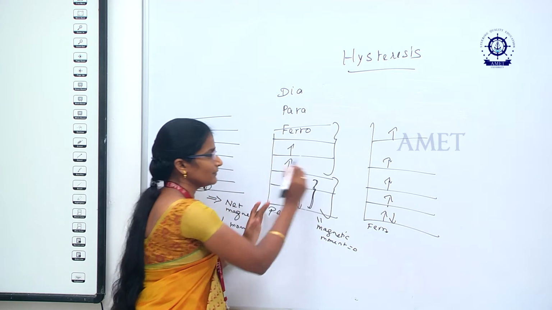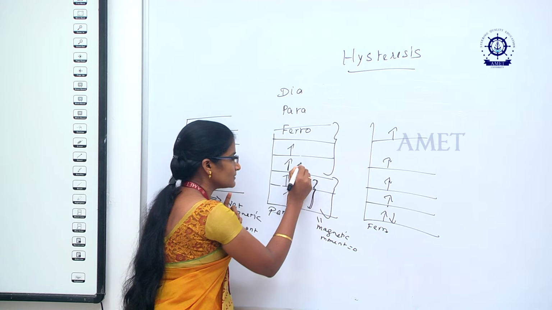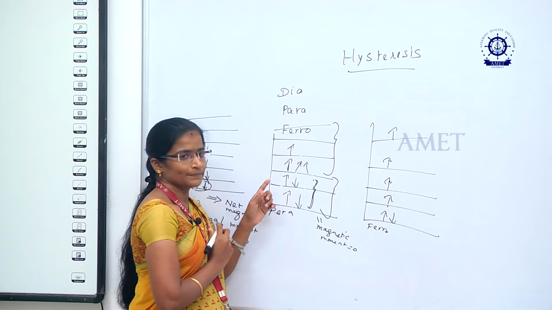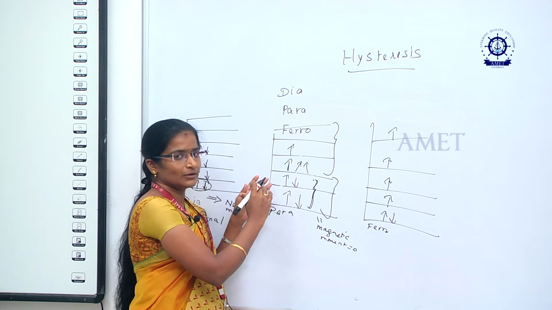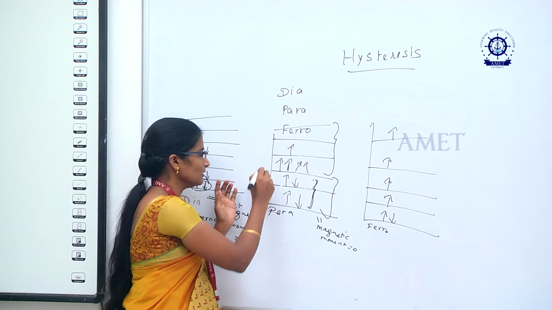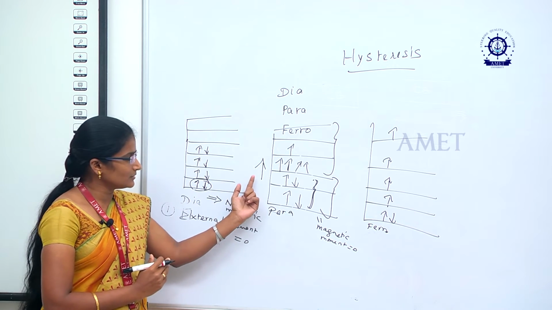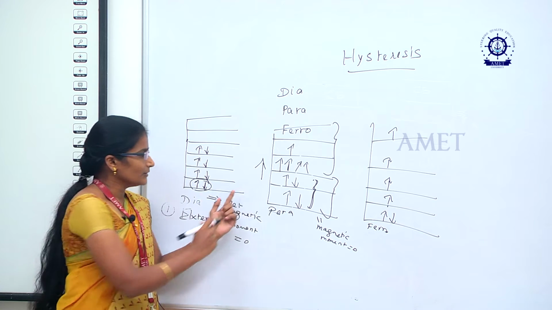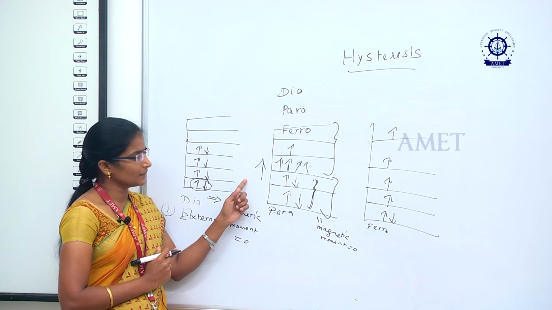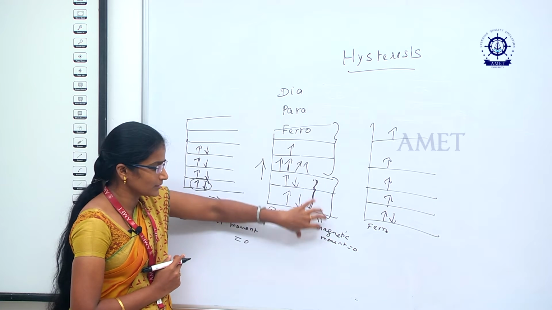In the case of the remaining orbitals, before the field the spin has a direction like this or like this. When we apply some field on the material, the spin changes its direction according to the external field. Suppose we are applying an external field in this direction. In this case the spins get paired, so the net magnetic moment is 0.